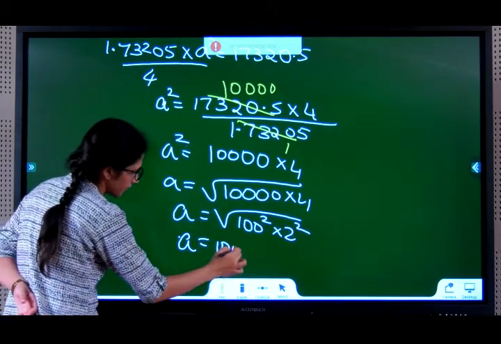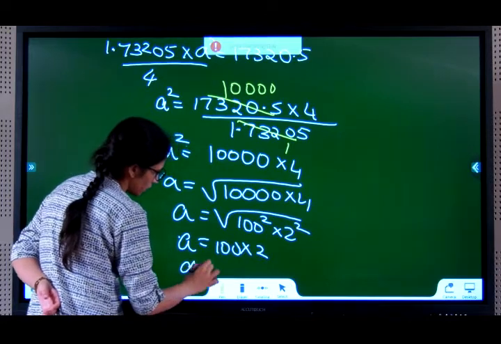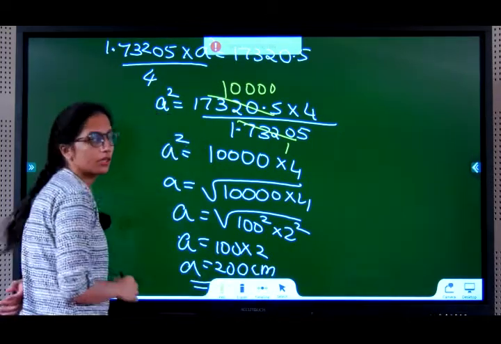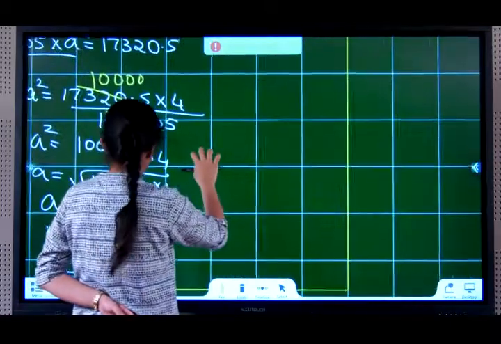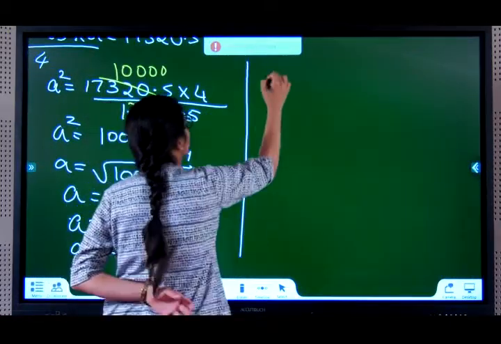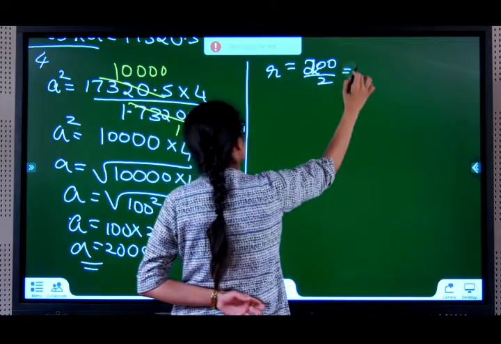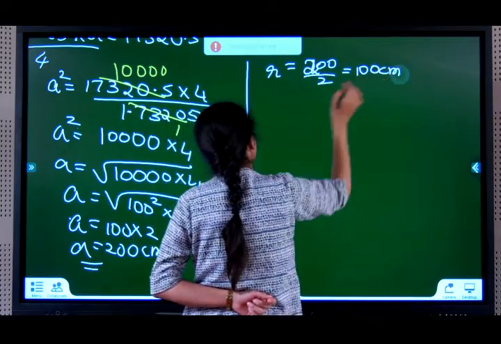Comes out 100, comes out 2. 200 centimeters. I can also therefore write radius is equal to 200 by 2, 100 centimeters.